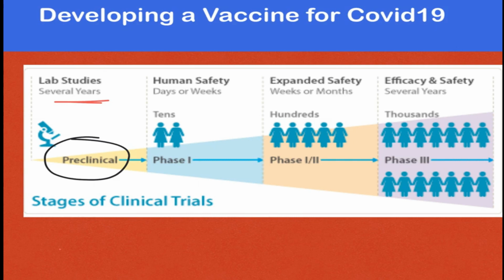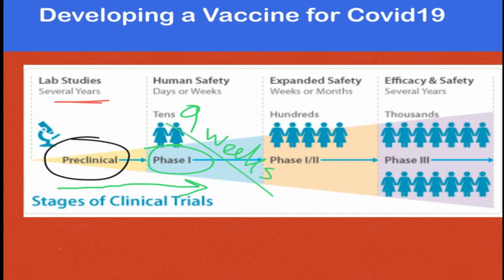But obviously with the COVID-19 vaccine things are moving very quickly, and in fact it's just taken 9 weeks. So 9 weeks to go from preclinical, working out the genetic code for COVID-19, to now being on a phase 1 clinical trial, which is unprecedented really.